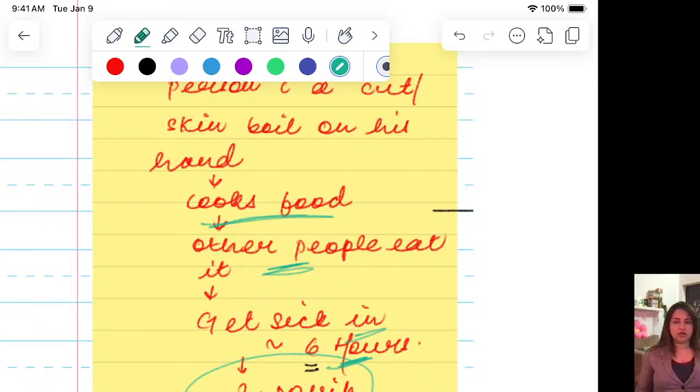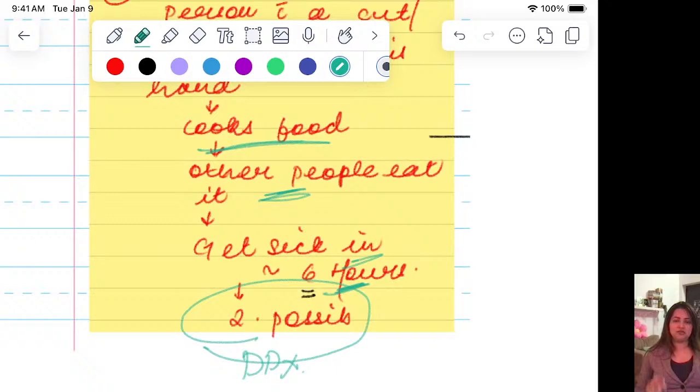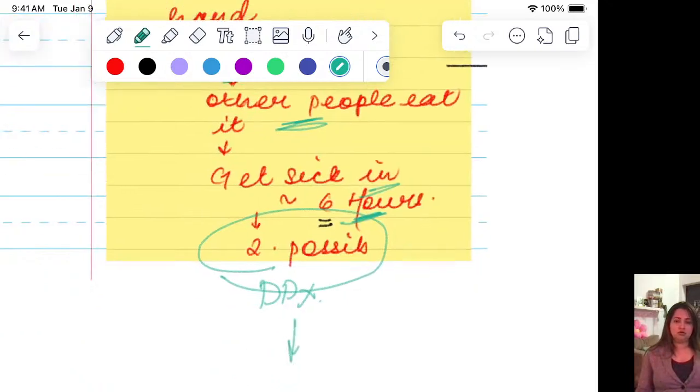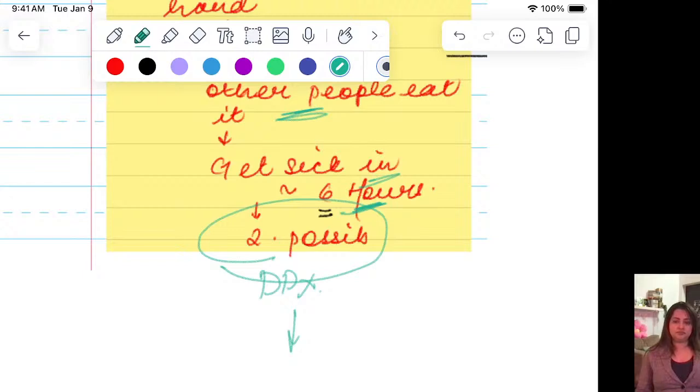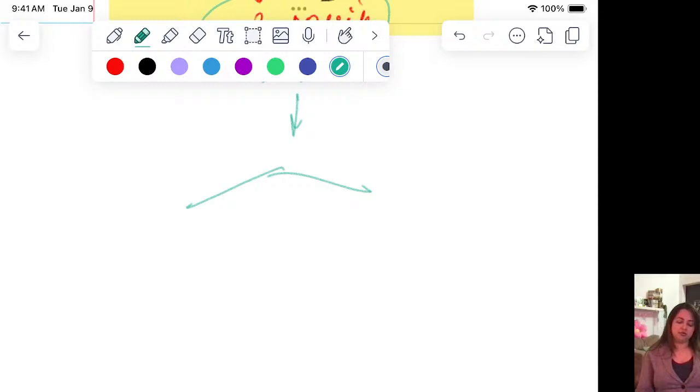So what is the differential diagnosis in this case? Anyone? Within 6 hours symptoms आ गए हैं. Very important. So this could have two possibilities. दो possibilities हो सकती हैं.